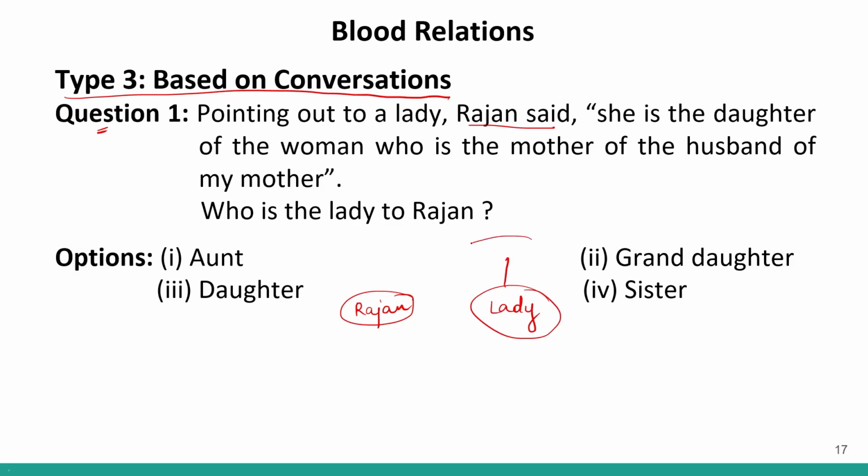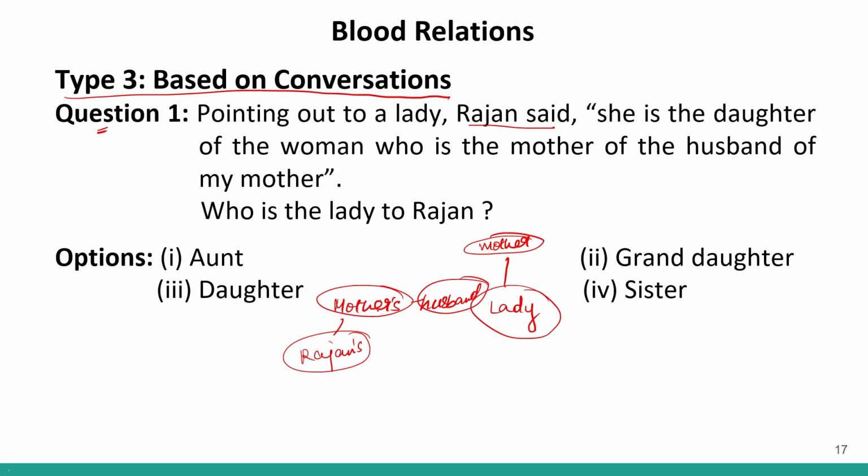Rajan is saying this, that the lady is the daughter of the woman who is the mother of the husband of my mother. So Rajan's mother's husband.